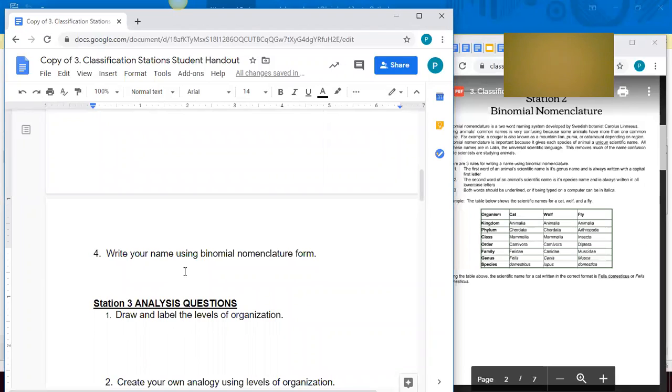This is not needing to be an overthought, but my name is Portia Bryant. So I'm going to write my first name, Portia, with a capital P, because when you read and learn how to write a proper scientific name, you have to capitalize the genus. My last name is Bryant. Your species name is that second name or last name in our example, and you always write it lowercase.